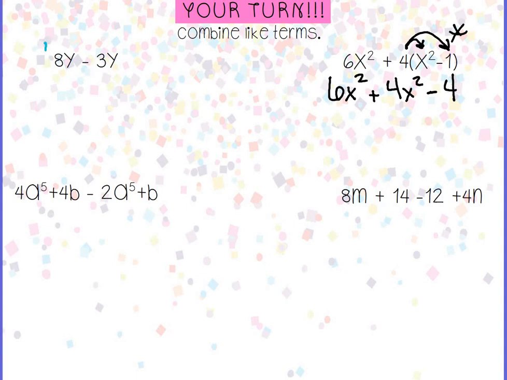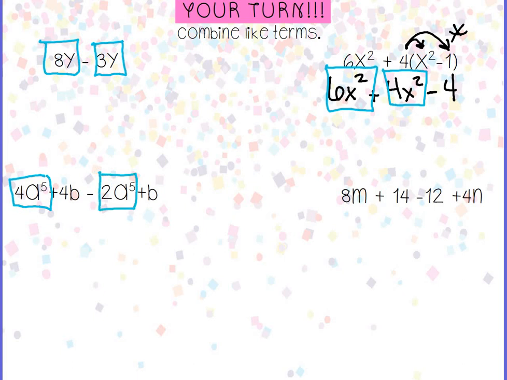So here I have 8y and 3y are like terms. Here 6x squared and 4x squared. Here it's 4a to the 5th and 2a to the 5th. But then it's also 4b and b.